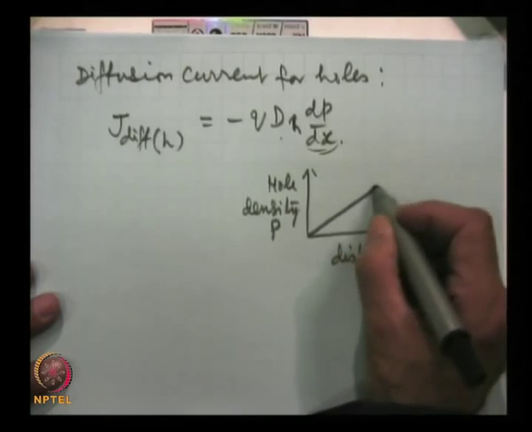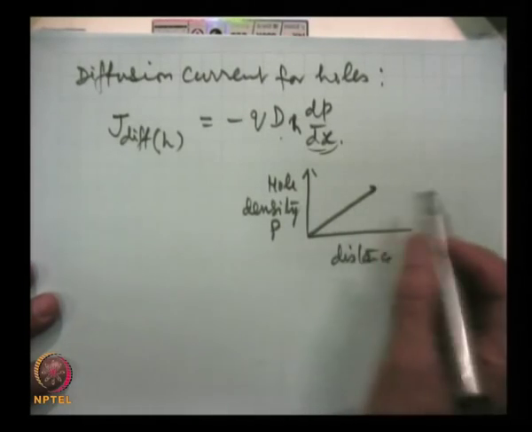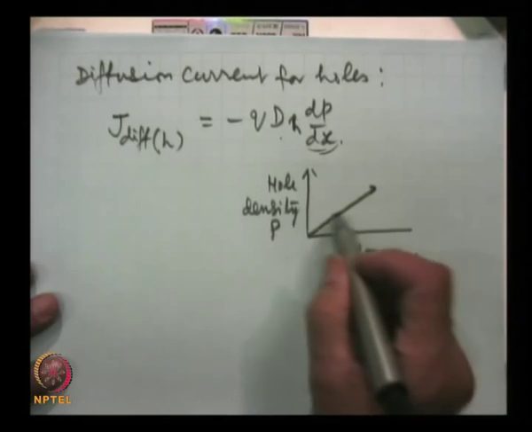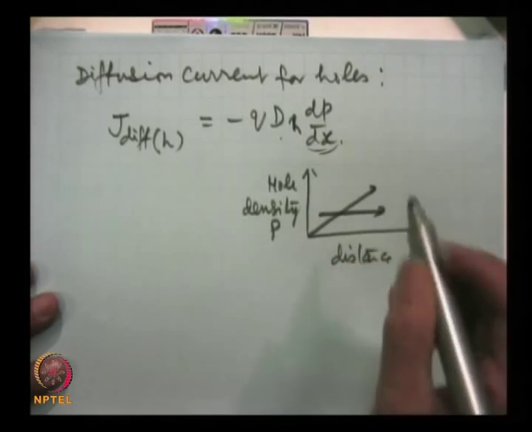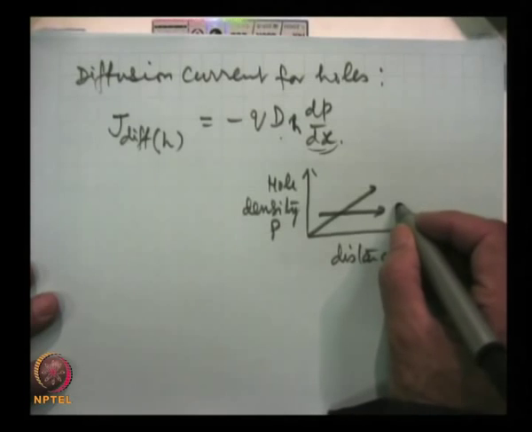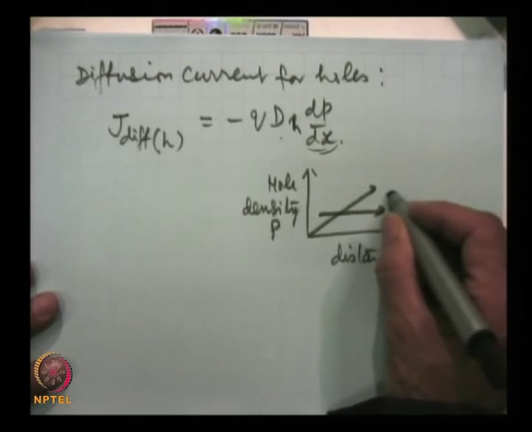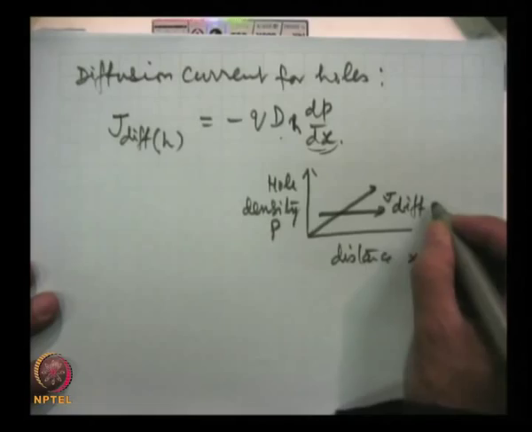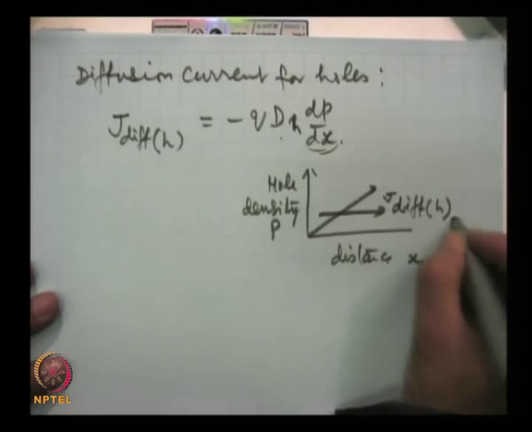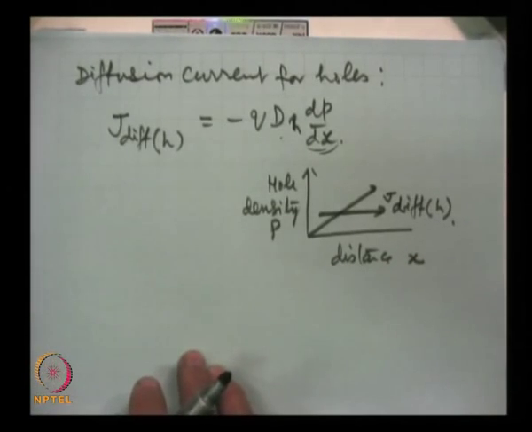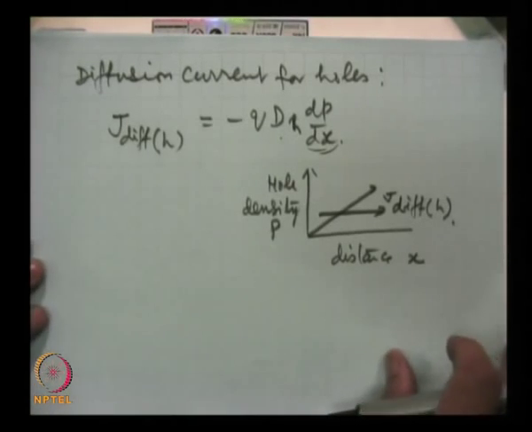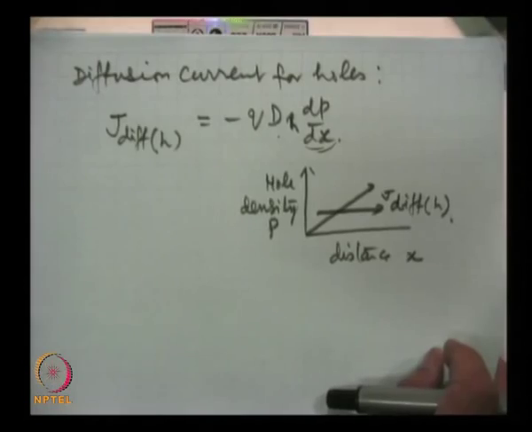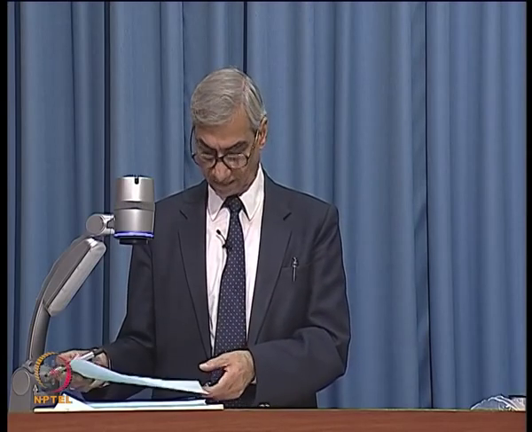And this is the gradient and the current flows from higher density to lower. Current flows in the direction of holes, and of course, hole movement, because of the opposite charge, is in the opposite direction to the movement of electrons.